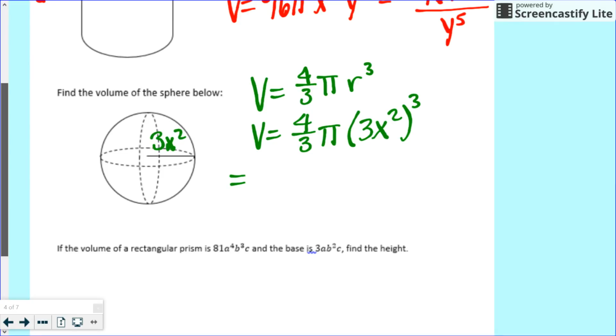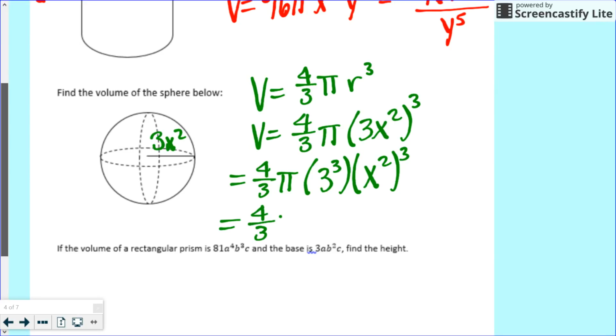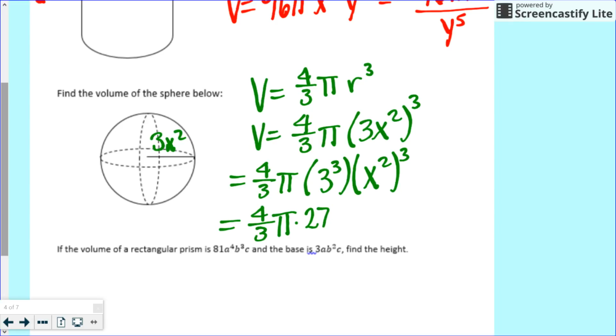So we've got 4/3 pi, and then we've got 3 cubed, and then we've got x squared cubed. 3 cubed is 3 times 3 times 3, so 3 times 3 is 9, times 3 is 27, so that's going to be times 27. And over here I've got x squared raised to the 3rd power. We're going to multiply those guys, so that's x to the 6th.